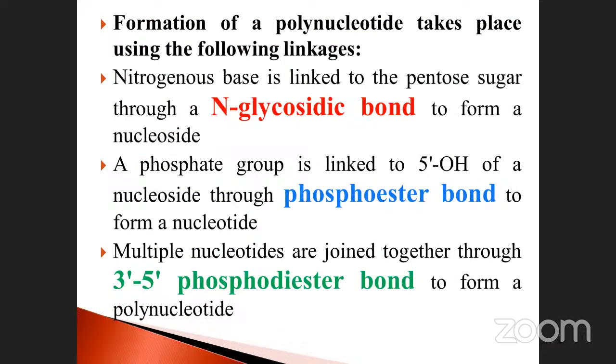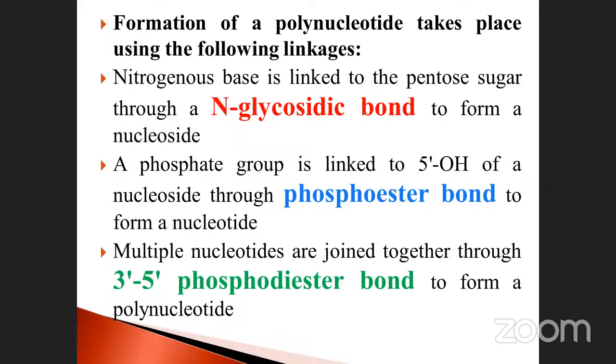Formation of the polynucleotide takes place using the following linkages: the N-glycosidic bond, the phosphodiester bond, and the 3'5' phosphodiester bond.